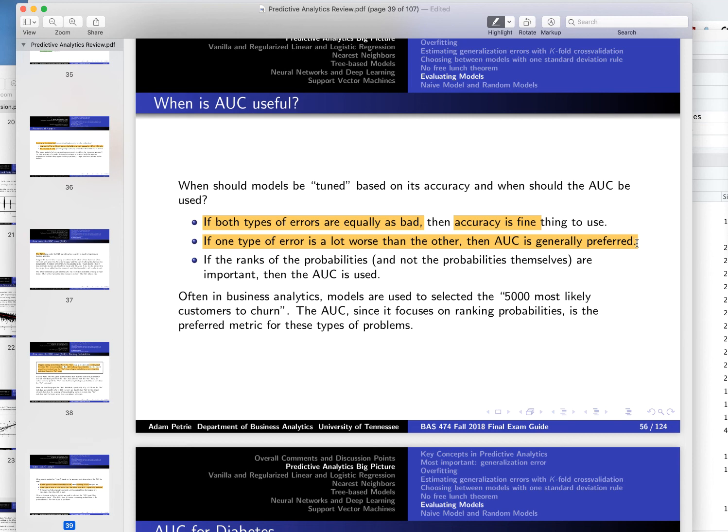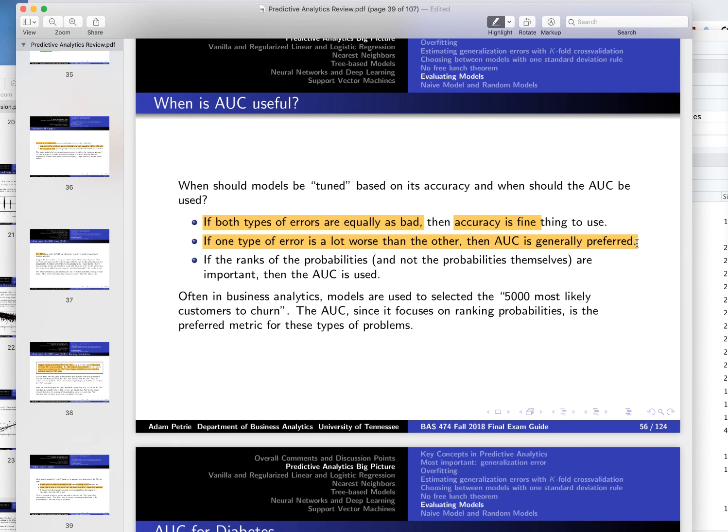What's an example of when accuracy would be fine? Maybe click-through rates. We're not really interested in one particular class versus the other. We want to have more clicks, but from a false positive, false negative rate point of view, they're about equally as damning for the model when they end up missing those.